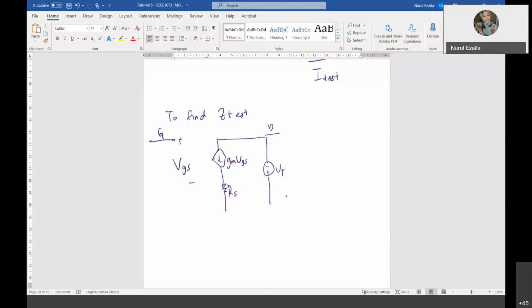So how do you find your Z test? Looks like in this question you have to derive it, or if you remember, that's okay. Finally you have to find V test over I test. V test is equal to VGS plus gm VGS RS.